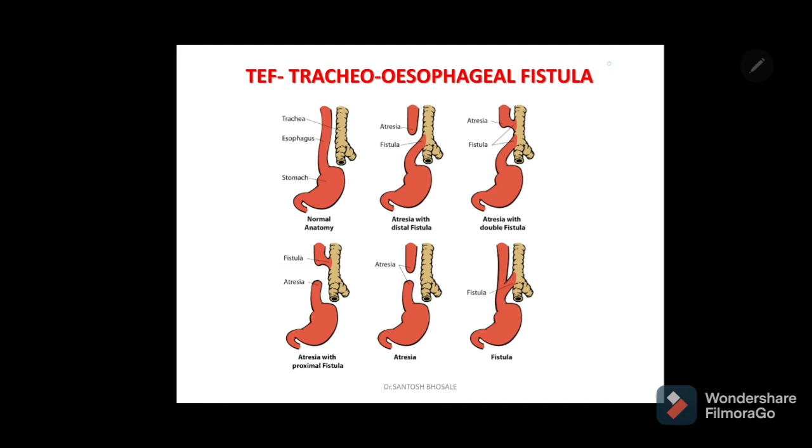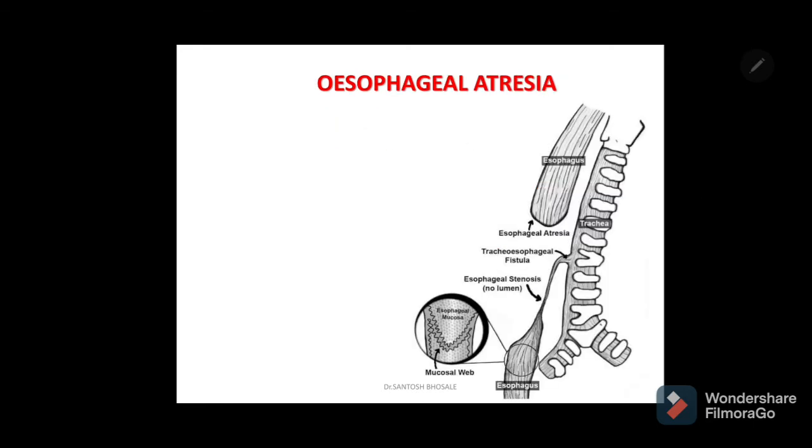There are different types of tracheoesophageal fistula, but the most common type is this one, where the proximal part is the blind portion and the distal portion comes from the lower portion of the carina. Carina means tracheal bifurcation, and usually the tracheoesophageal fistula is associated with esophageal atresia.